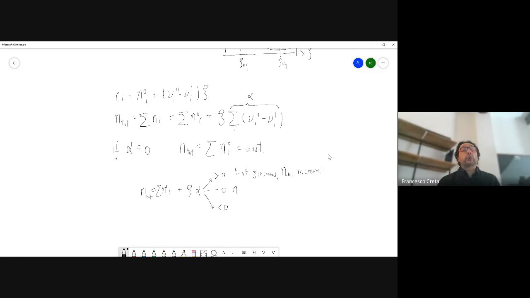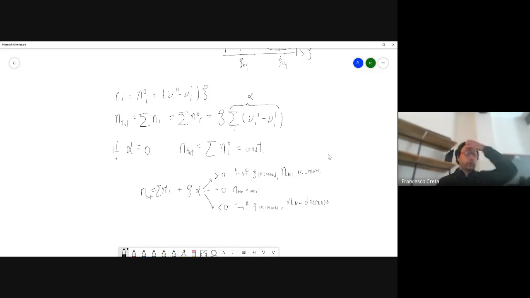Here n total is constant, and here, again, as you go from left to right and psi increases, the total number of moles decreases.